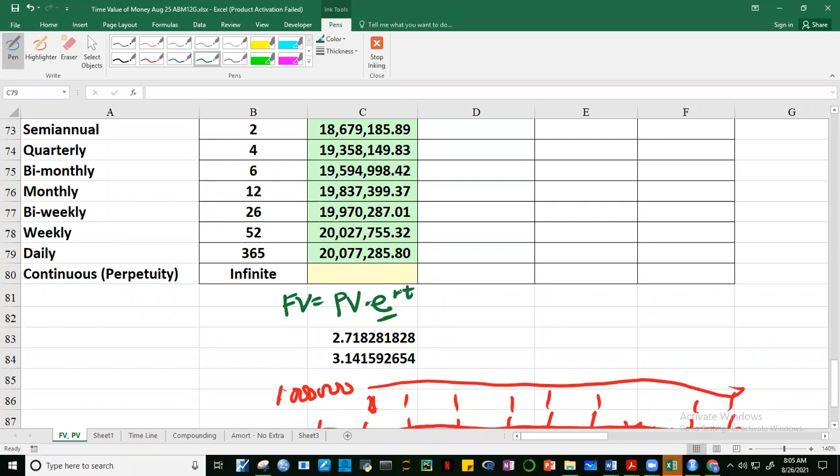Have you met that number? So only one of you encountered this e. How about the others, guys? Na-meet nyo na ba itong si exponential na to? Okay, thank you.